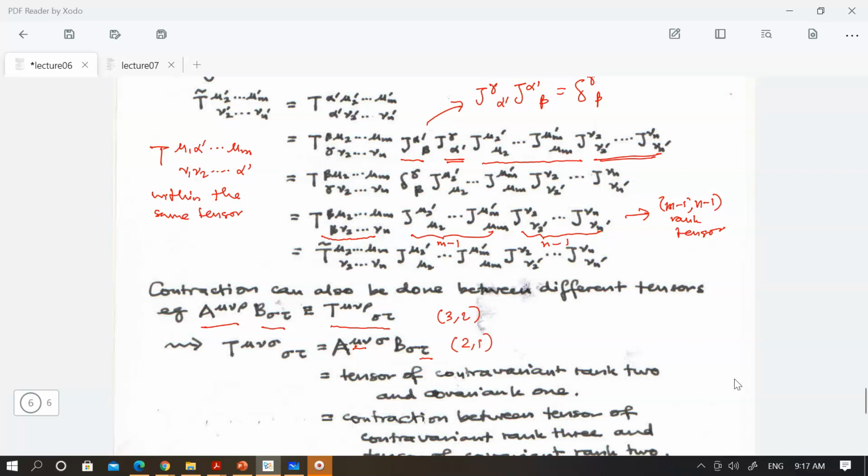And this (2, 1) tensor, you can think of contraction as before, or you can think of it as a tensor arising from contraction of a (3, 0) tensor with a (0, 2) tensor.